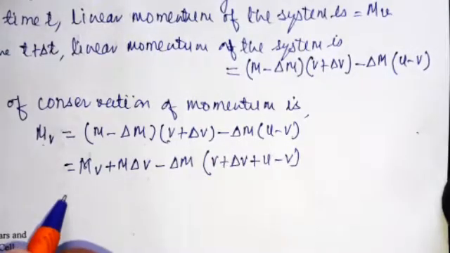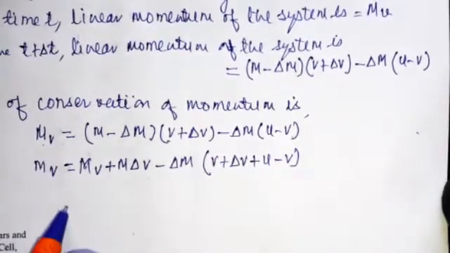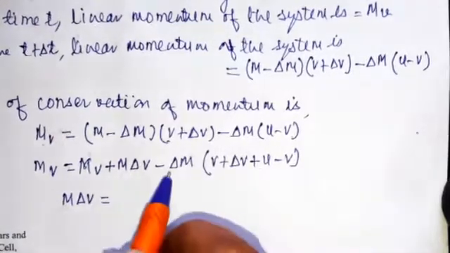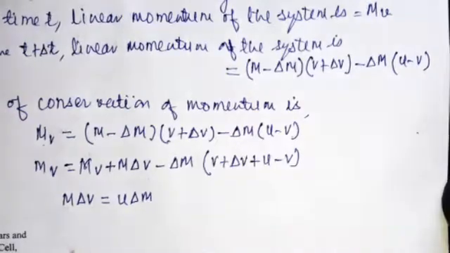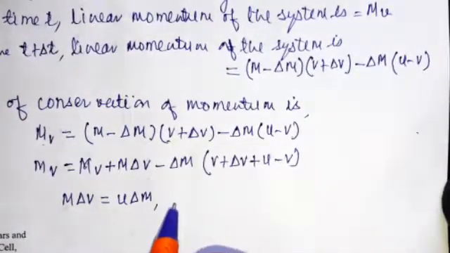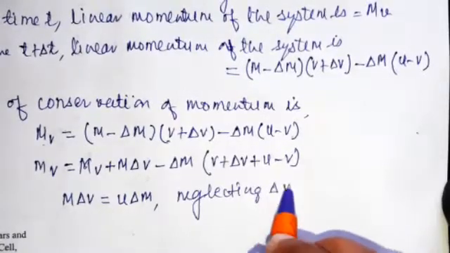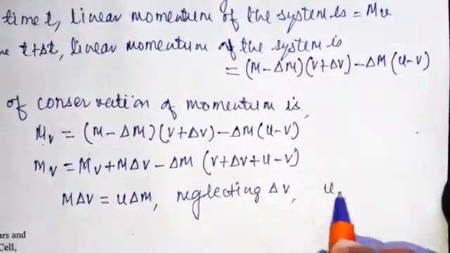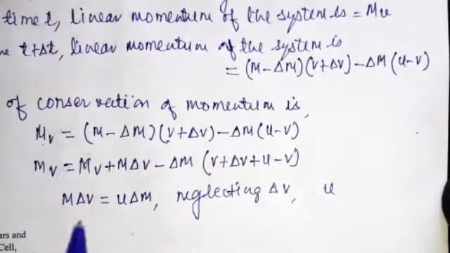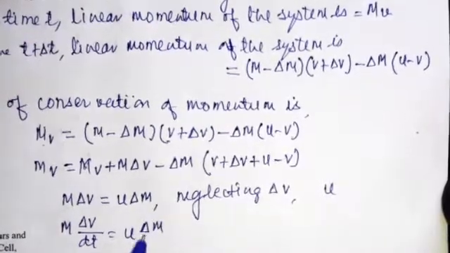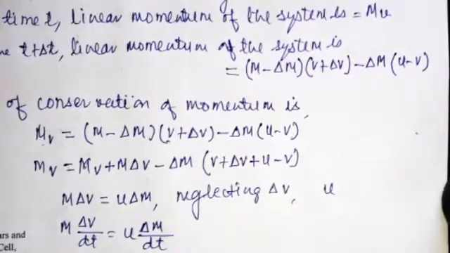So from this equation we can write here m delta v is equal to u into delta m, here neglecting the delta v in comparison to the exhaust velocity u. So we can divide by delta t, and we can write delta v upon delta t is equal to u into delta m divided by delta t.